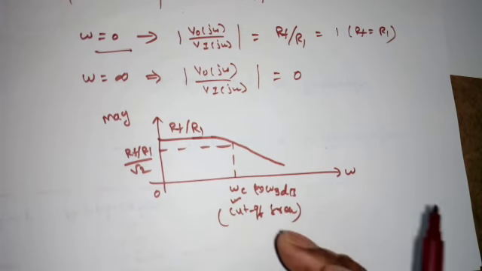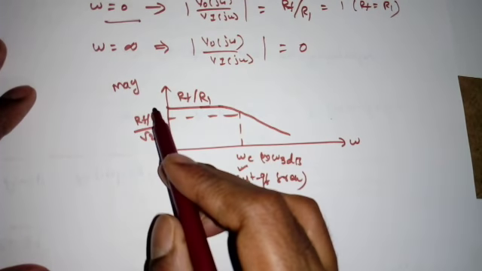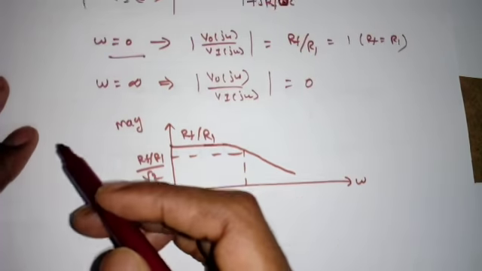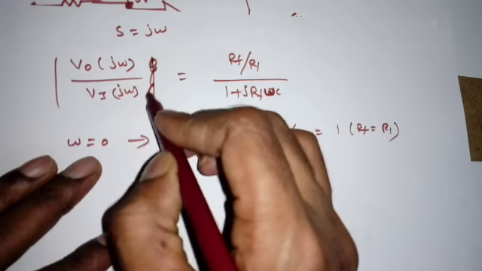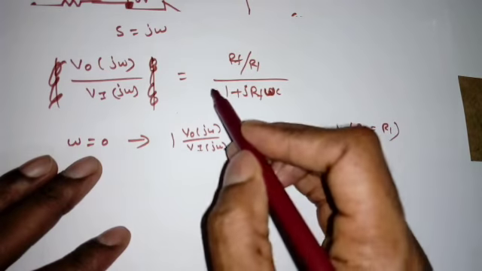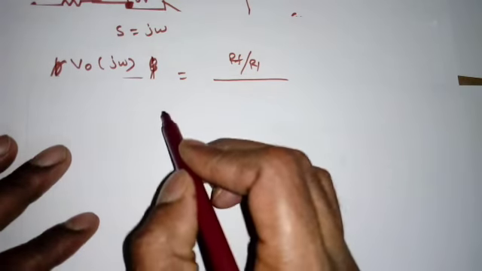That is the meaning. Now we know at omega equal to omega C, the gain is maximum by root 2. So what is the gain here? See, actually this is not the magnitude. If this is the magnitude, we have to take the square root of a square plus b square. So what is the magnitude?